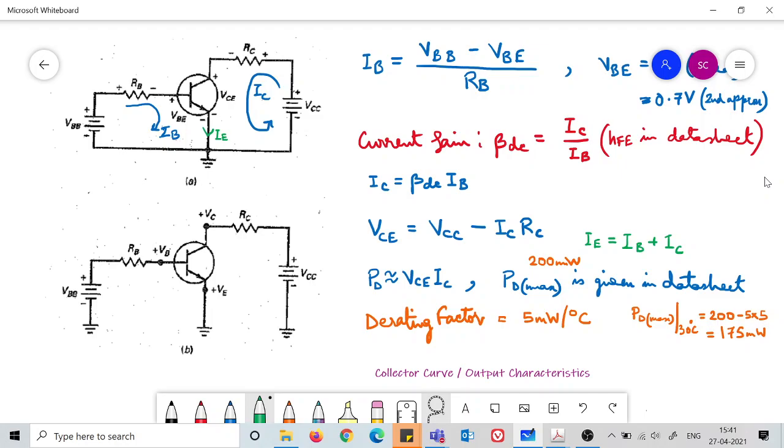This alpha parameter is your IC by IE ratio. The current gain beta is from IB to IC, but there is also a parameter called alpha, which is the ratio between IC and IE, collector and emitter current.